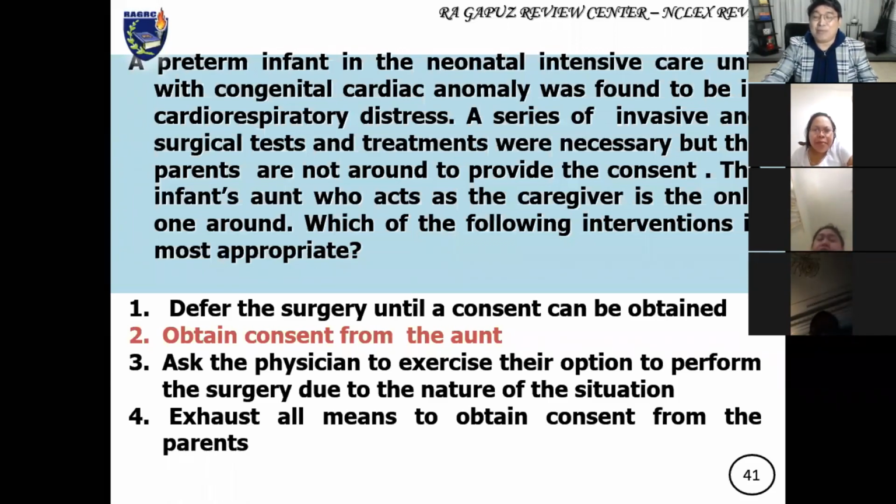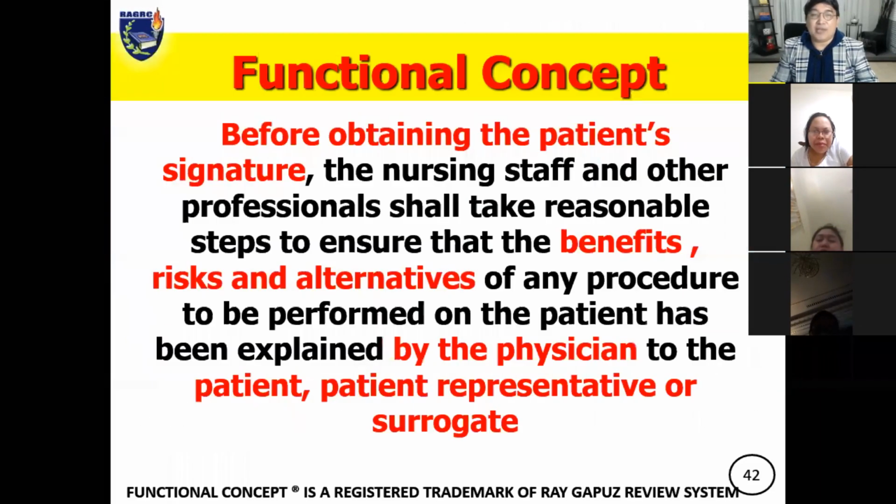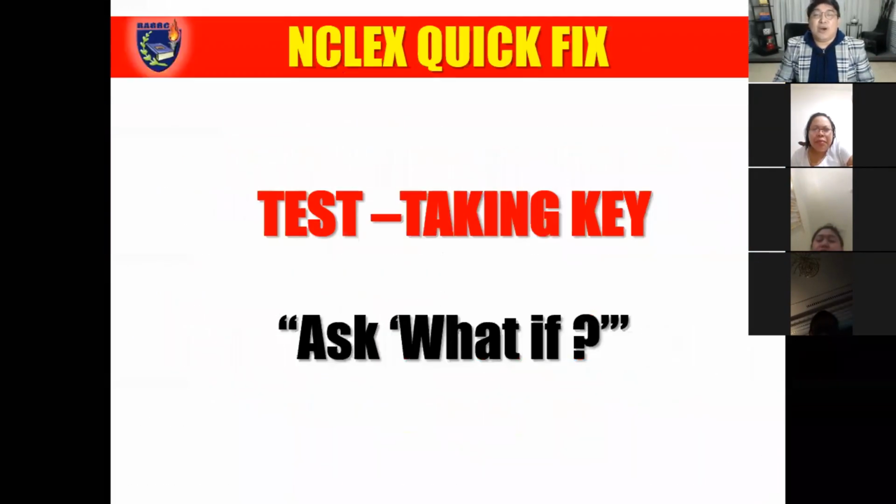Okay. So pay particular attention once again to the basic concepts like informed consent. Okay. So let's move on. Always ask what if. So let's summarize that informed consent thing.